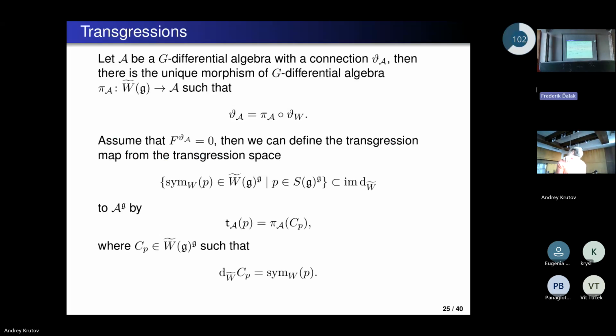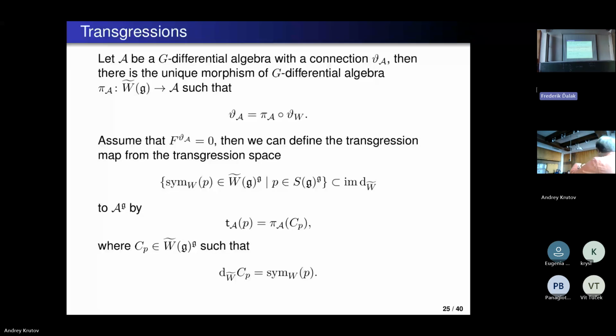And then, assuming that the connection on your algebra is flat, so the curvature is zero, you can define the transgression map. Here you look at the special elements in the non-commutative Weil algebra. Here symmetrization is given in terms of curvature variables.